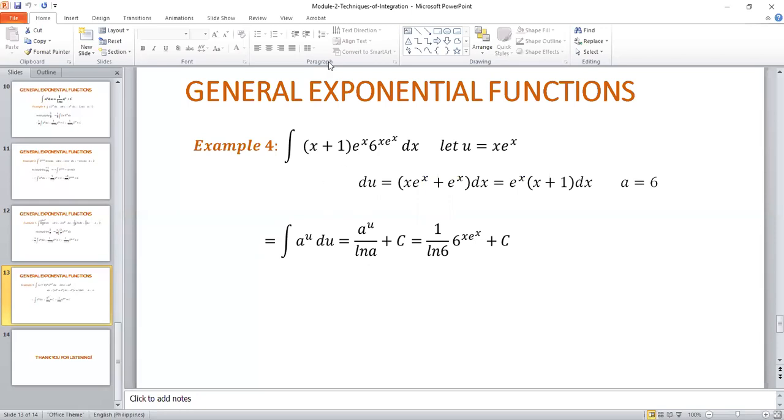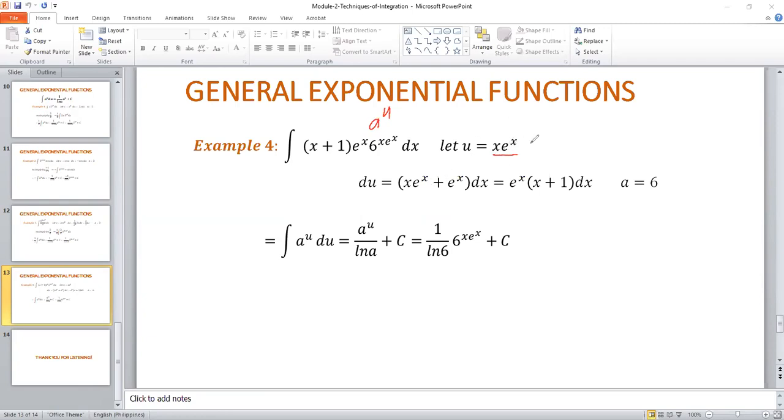If you have that notion here, then this 6 raised to xe raised to x must be your a raised to u. Your u is xe raised to x. If you differentiate here, this is not the usual differentiation, because you have to use the product rule. What's the product rule of differentiation?